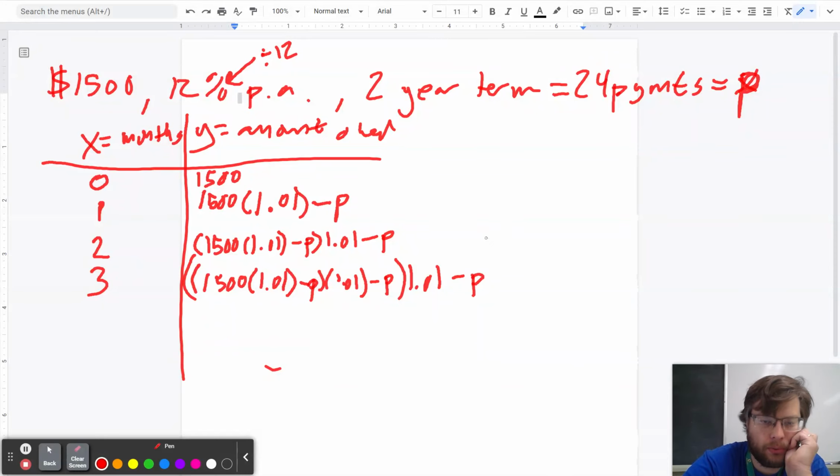And so what we're going to try to do is see if we can extract some sort of pattern. I'm going to rewrite number 2 like this.